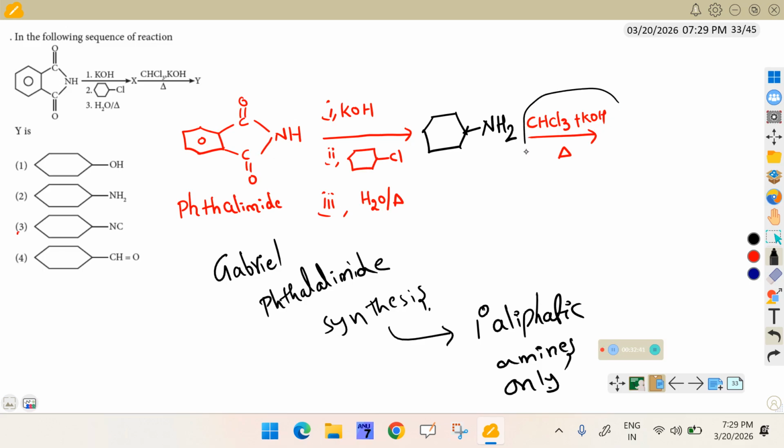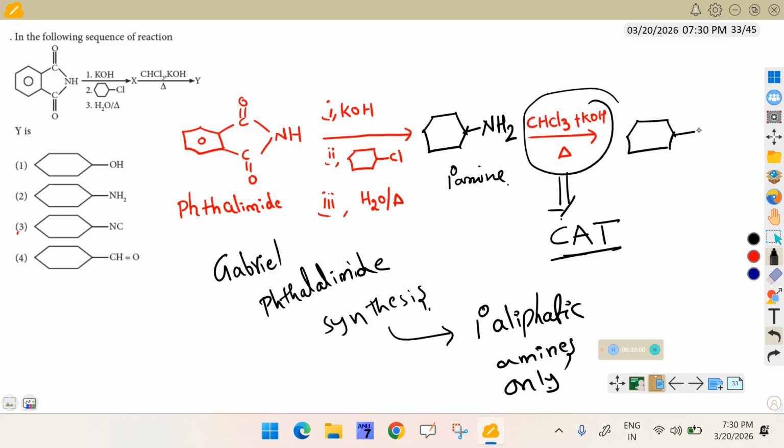This 1 degree aliphatic amine reacts with CHCl3 plus KOH. The reaction is called the carbylamine test. Then it gives isocyanide. The amine group is converted to isocyanide. So the correct option is the third option.